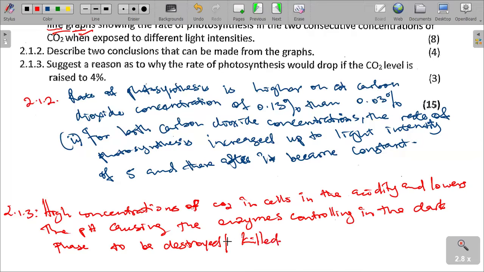That is what is happening there. So in that regard, the rate of photosynthesis will drop eventually. The rate of photosynthesis will drop.